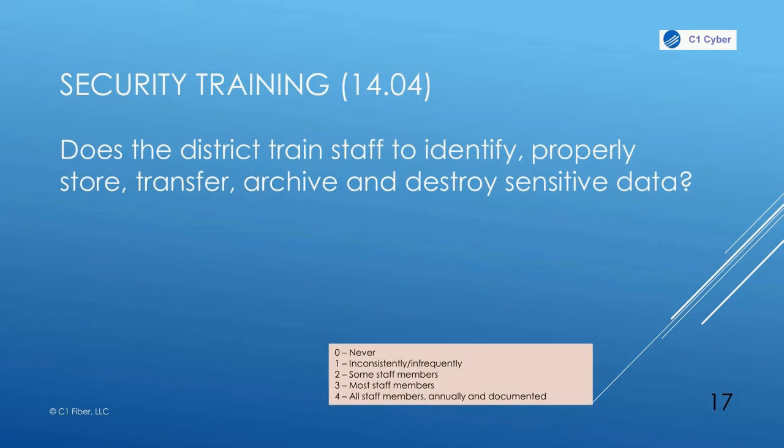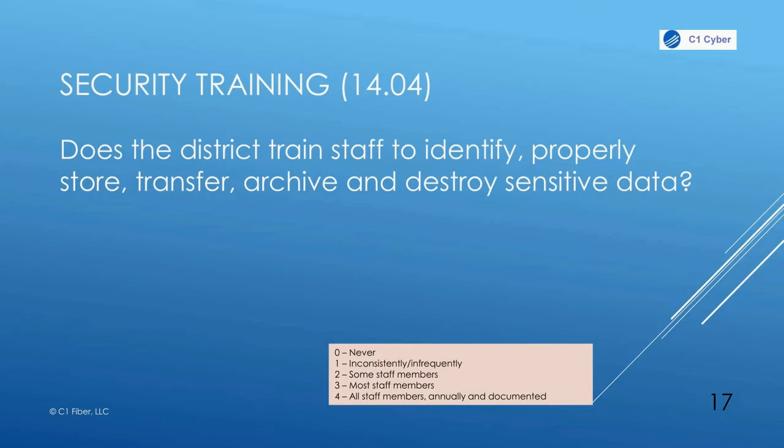Does the district train staff to identify, properly store, transfer, archive, and destroy sensitive data? This should include training staff on clear screen and desk best practices, such as locking screens when they step away and erasing physical and virtual whiteboards at the end of meetings. Score 0 if this type of training is not provided. Score 1 if this training is provided inconsistently and/or infrequently.